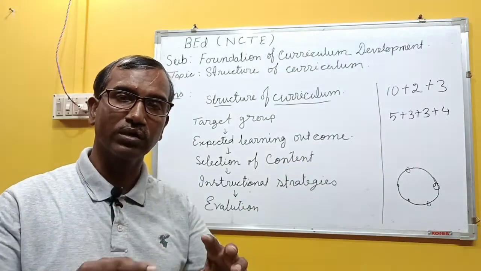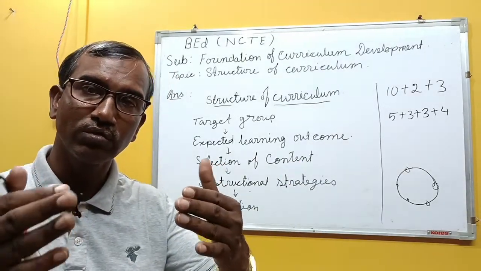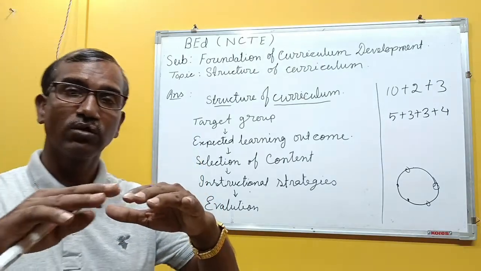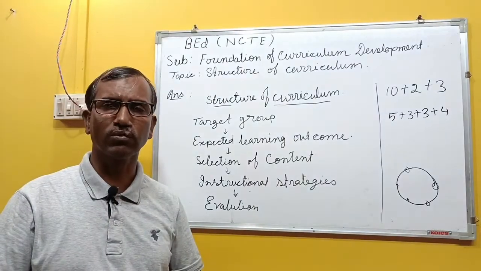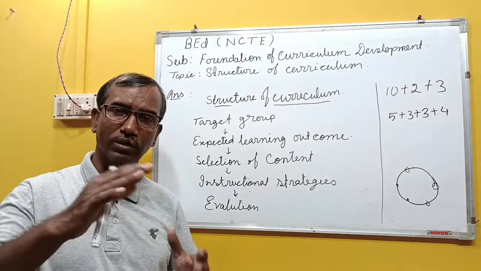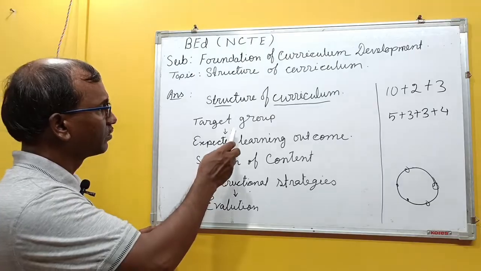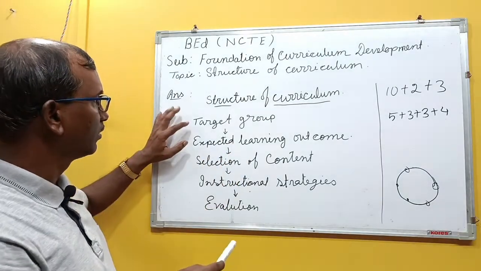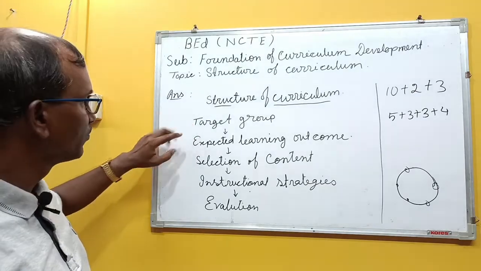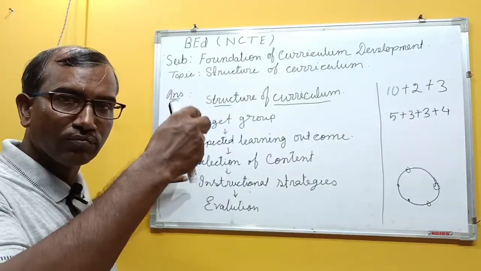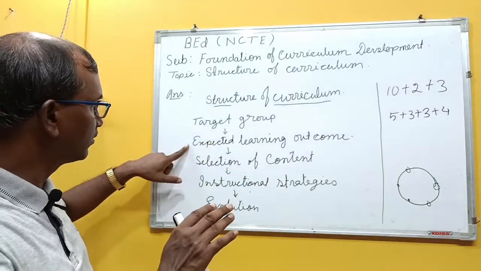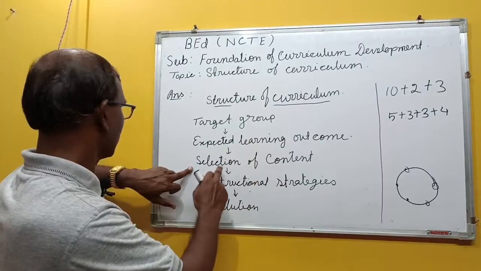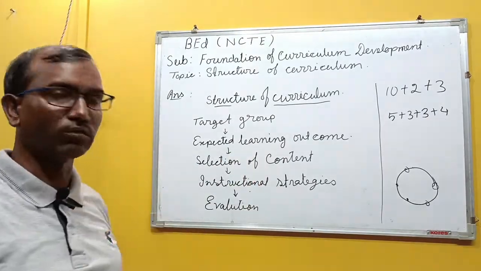What kind of changes we expect in the children of class 9, 10 should be determined. Then accordingly, we expect certain behavioral outcomes of the students, and according to the expected learning outcome, we should select the content.